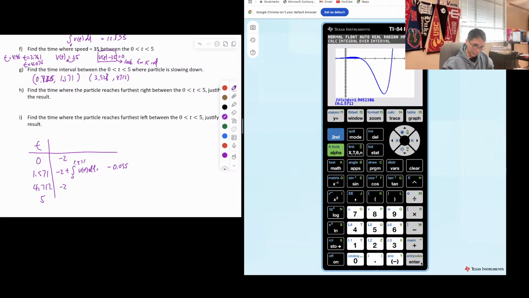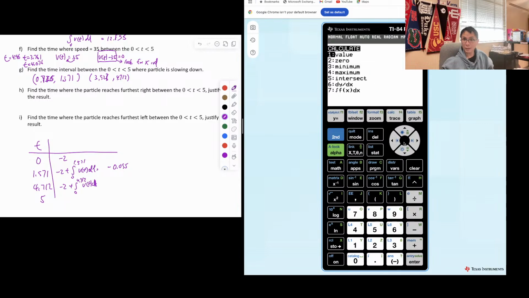And I'm going to do -2 plus integration from 0 to 4.712 of v of t dt. And if you see here, it'll be second calc from 0 to 4.712.